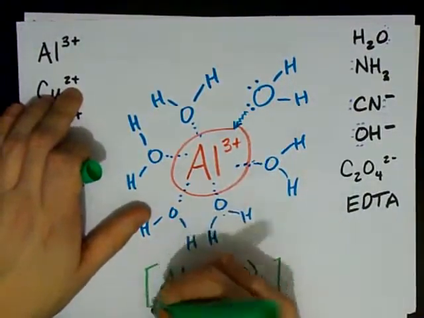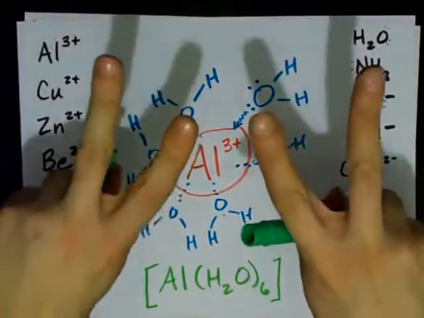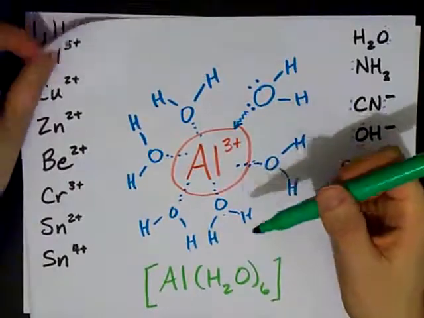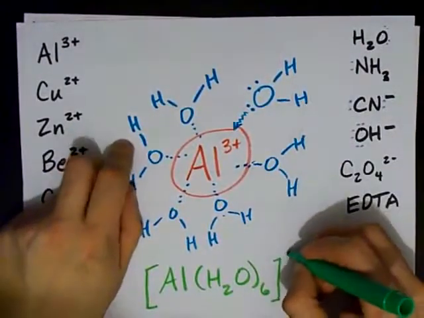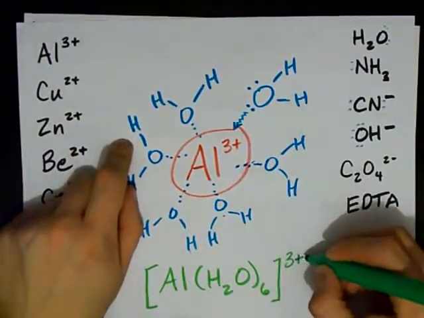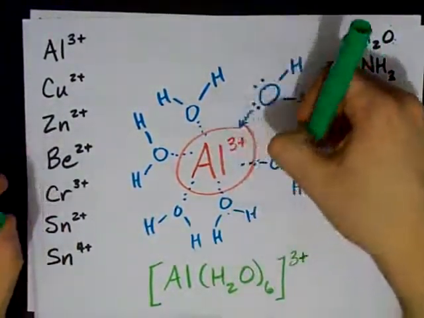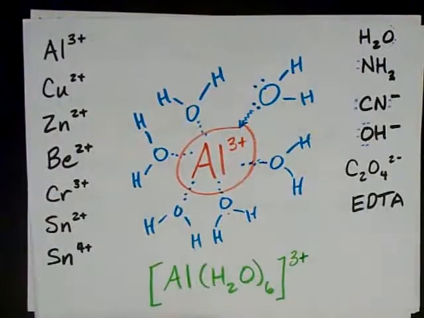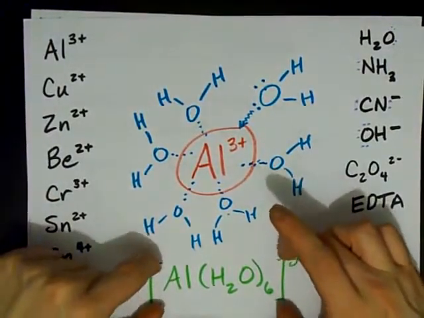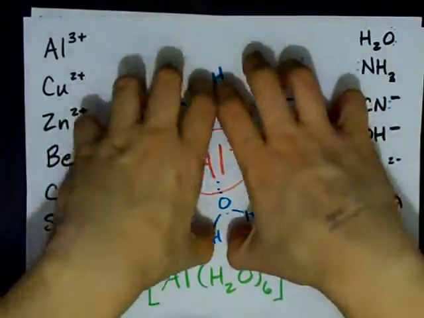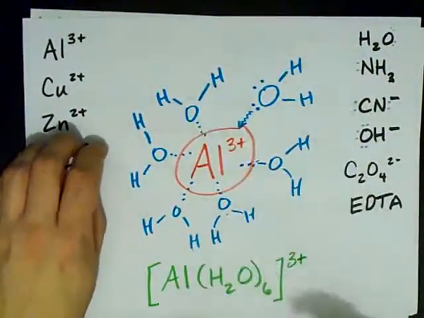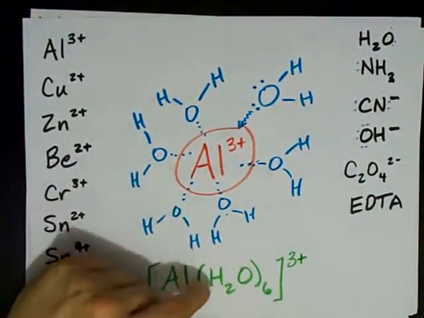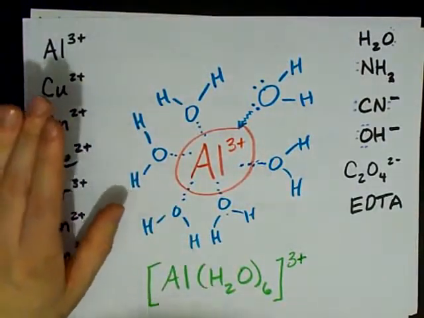Put it in square brackets to show that it's a complex, or a positive charge center with ligands, and we put the remaining or resulting charge here. Here the charge hasn't changed because waters don't have charge. So this is the chemical formula for this, which is Al3+ and 6 water ligands. There's a special way to name these, but I'm not going to get into that right now.